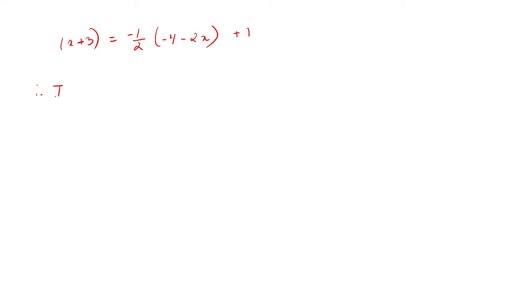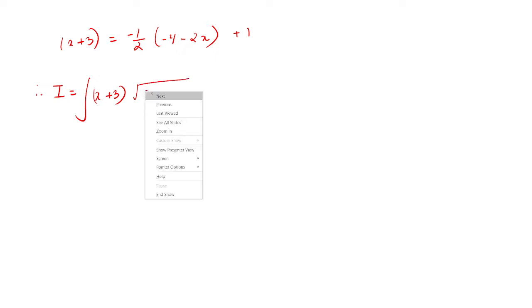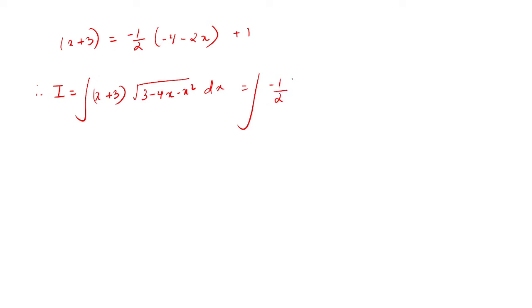Therefore integration of x plus 3 over the square root of 3 minus 4x minus x squared dx can be rewritten as integration of minus half of minus 4 minus 2x, plus 1. Remember, minus half is only for this expression, it's not for this entire thing, okay, into the square root of 3 minus 4x minus x squared dx.